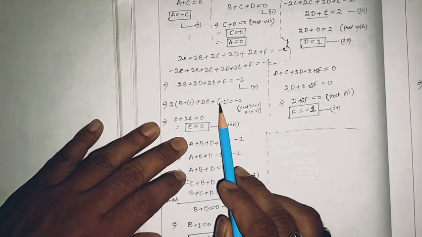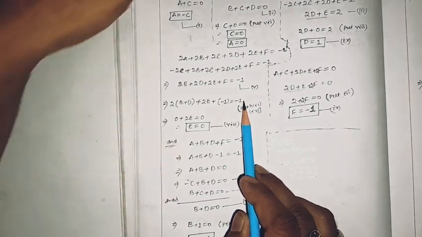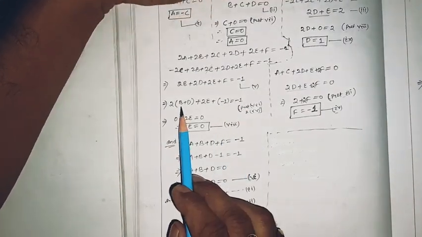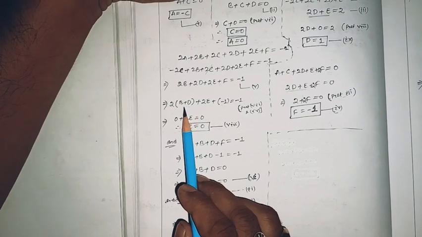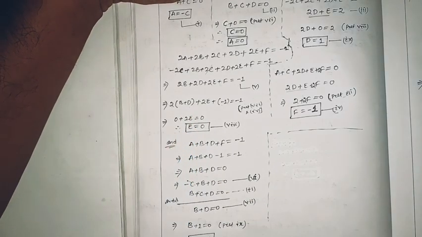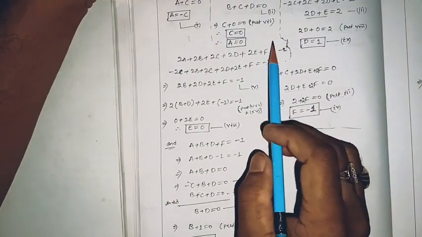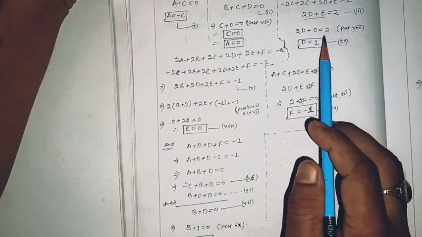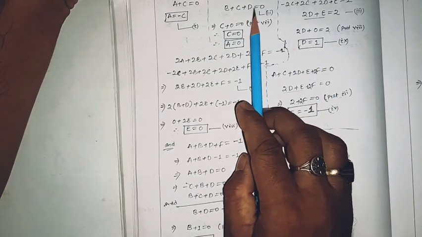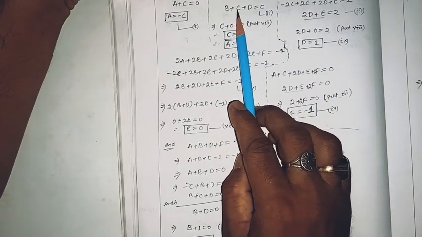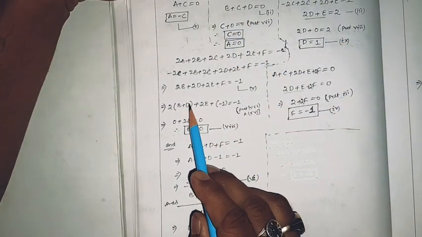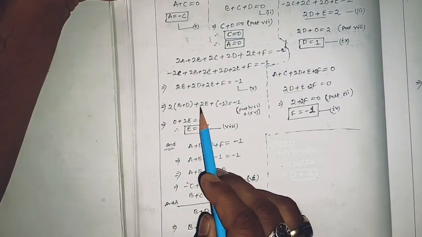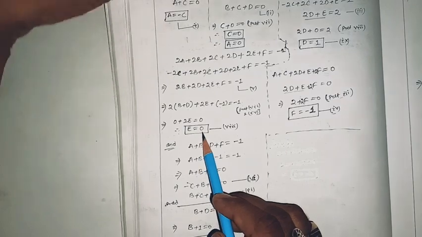This is -1. If I will take this side, it will be 0. Then b plus d will be equal to 0. Here you can see, if c we found 0, that means b plus d will be 0. So if I put b plus d equal to 0, then 2e equal to 0, e equal to 0.